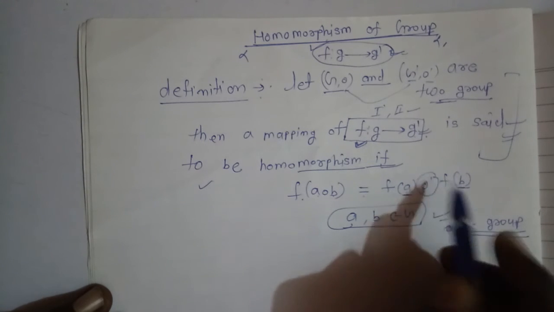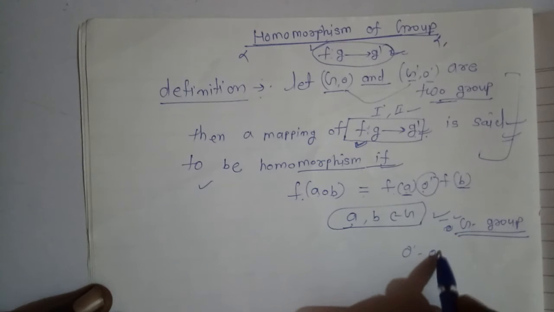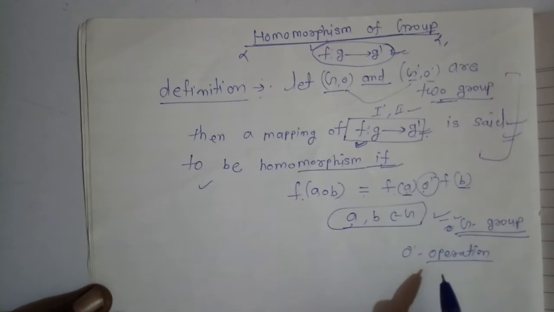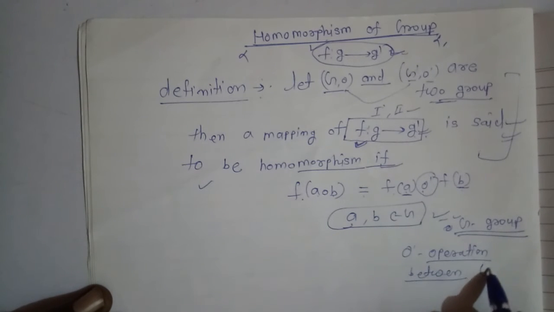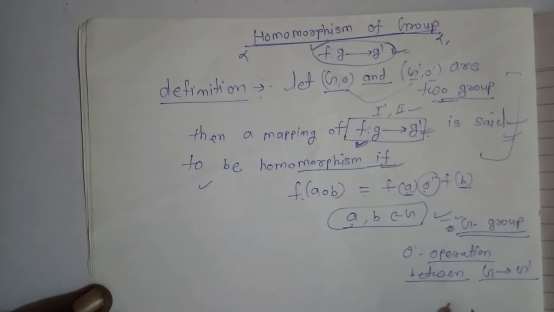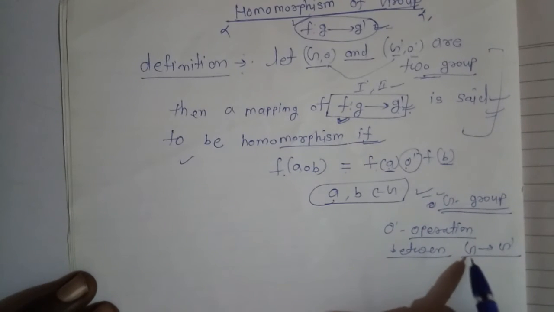So what is o'? o' is the operation between G tends to G'. Okay, G tends to G'.